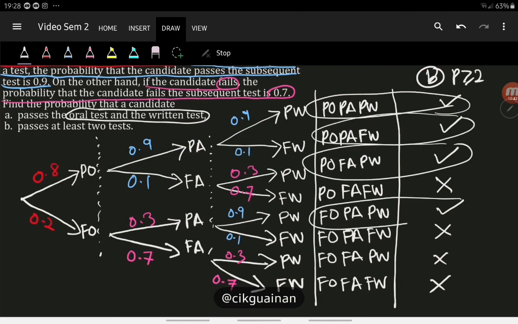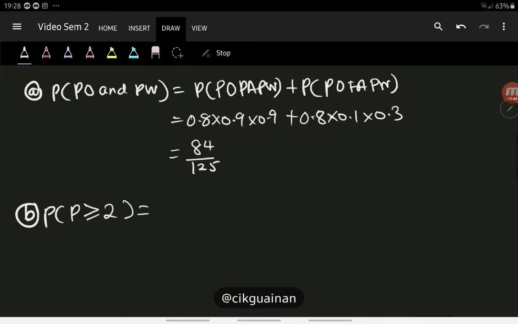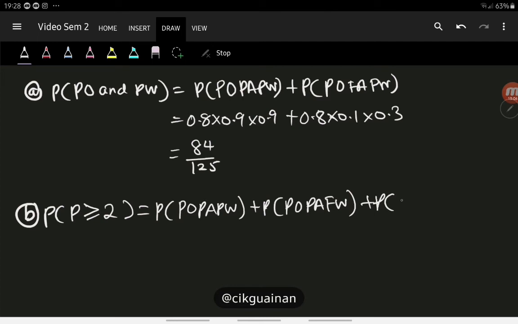Okay, so the answer is the probability of pass all, and then pass oral, pass aptitude, fail written, plus pass oral, fail aptitude, pass written, and then plus another one, fail oral, pass aptitude, pass written.